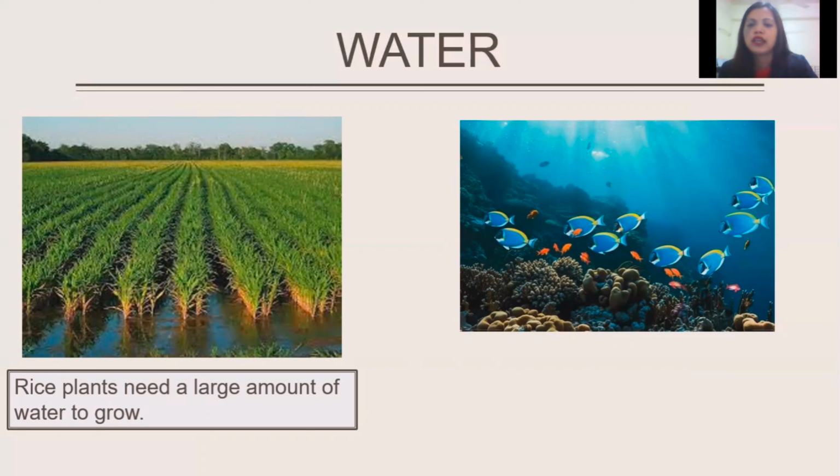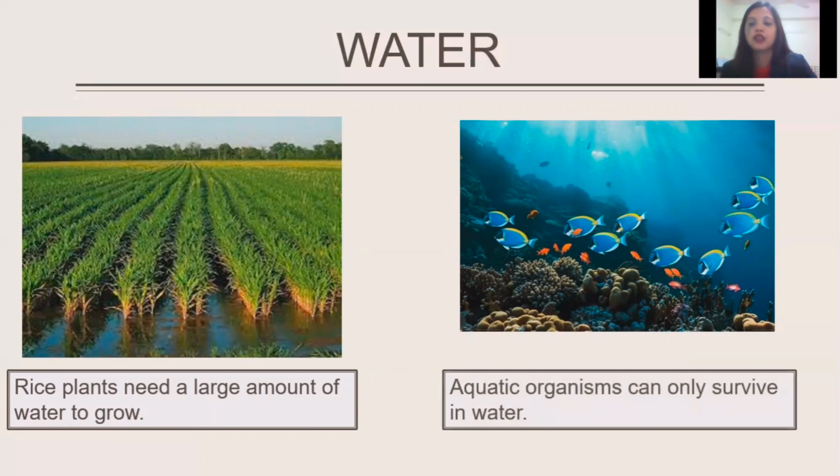Or what do you think is the interaction between the aquatic animals, which is the living thing, and the water, which is the non-living thing? Do you have any idea? Okay, so aquatic organisms can only survive in water. If you put the fish outside the water, what will happen to the fish?